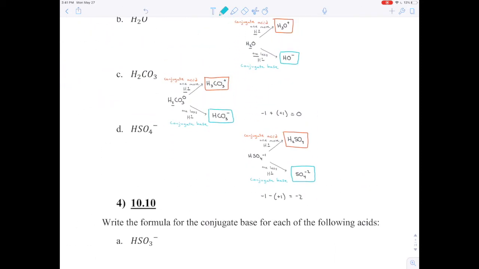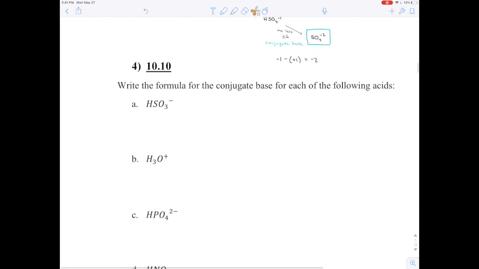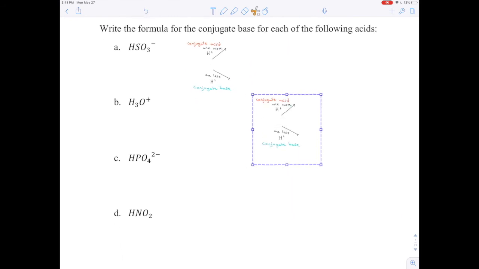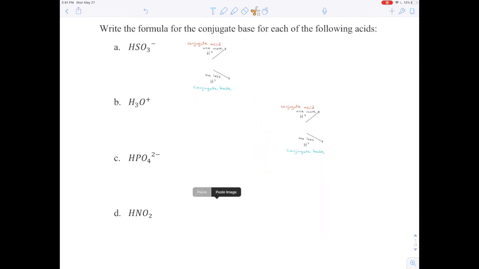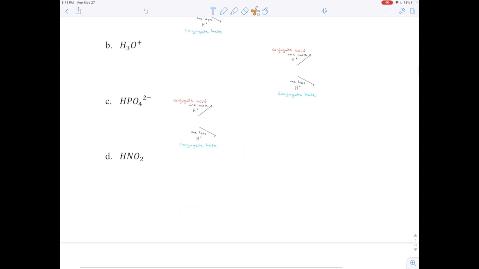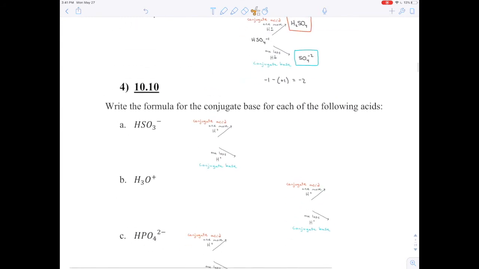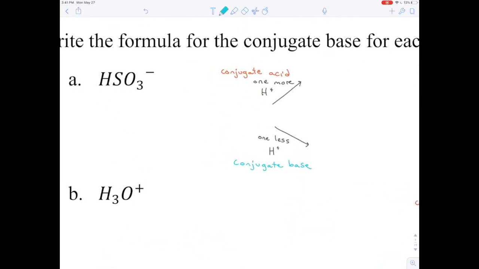Okay, so let's follow that same procedure for these other molecules. So first I'll just paste that skeleton into here, that conceptual framework that we worked out. Okay, so first HSO3 minus.